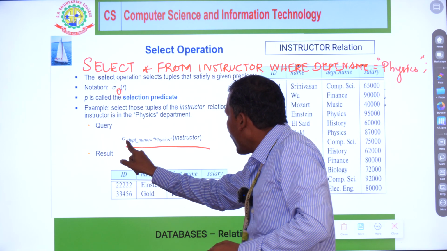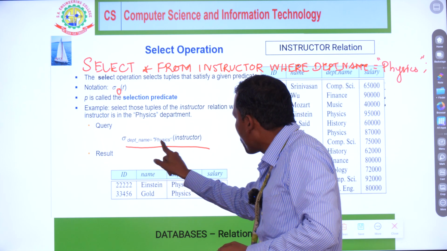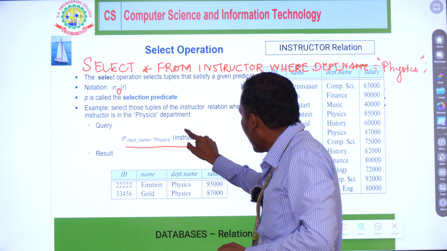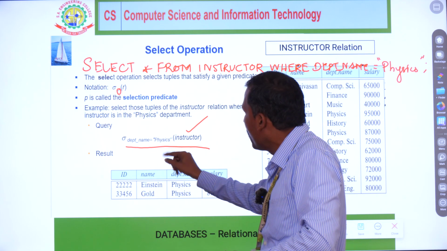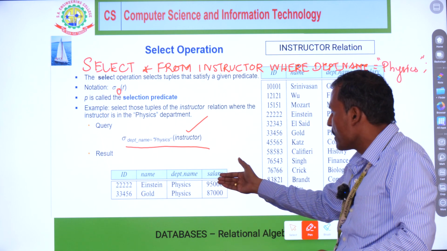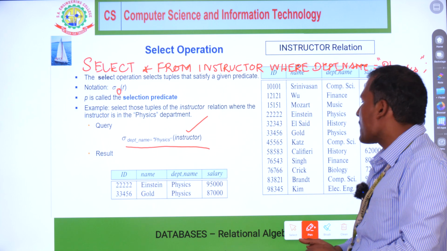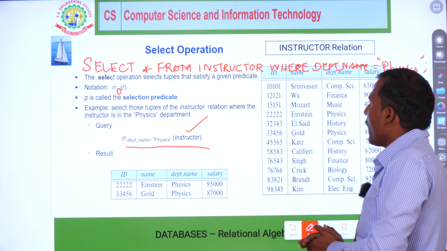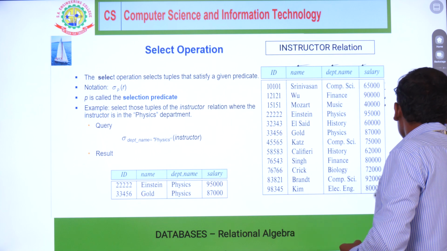So sigma, and you have to give the predicate condition over here: department name is equal to physics, and the relation is instructor. So this is the equivalent relational algebra expression for the above SQL statement, and this is your output. There are two instructors, Einstein and Gold, who are working in the physics department. So we'll move to the next slide.